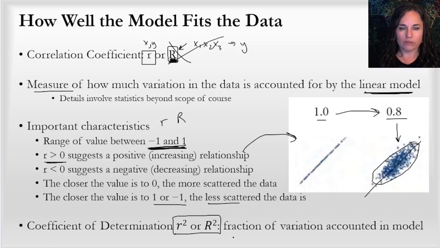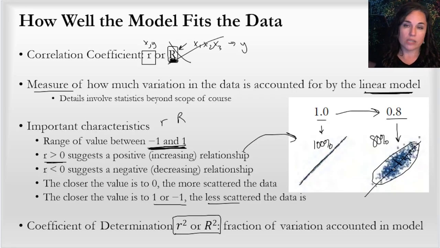I like an R squared value. What it tells me is the fraction or percentage of variation accounted for in the model. So when I look at 1, 100% of the variation of this data is accounted for by the line. Here, only 80% of the variation is accounted for by the line. There's some other things going on.